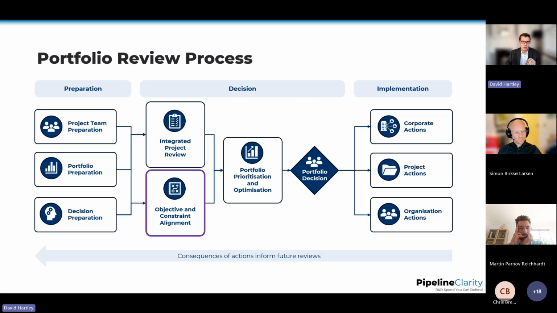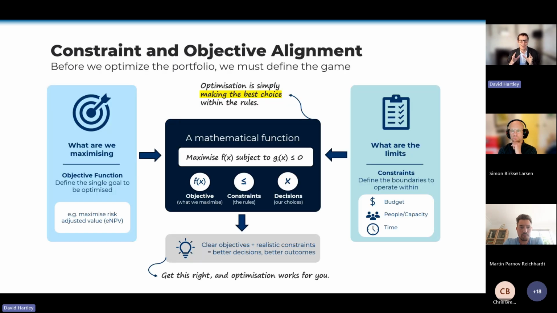If we move on to talk about objective and constraint alignment, for those of you that have seen one of these webinars in the past or know me personally, you'll know I'm a statistician, and so anytime anyone talks about objectives, then I'm more than happy and get excited about the topic. But really, for me, this is where the crux of the portfolio review comes from, which is around understanding the game that we're trying to play in the portfolio review.